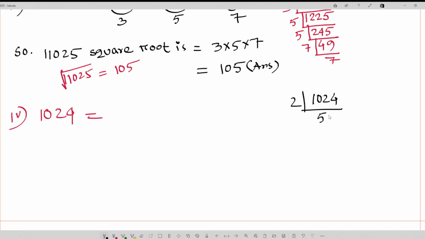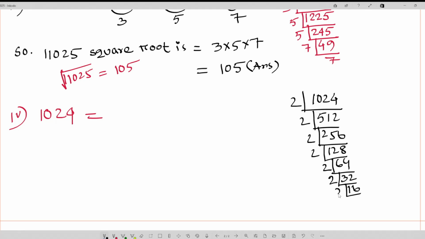This becomes 512, then divided by 2 is 256, then 128, then 64, then 32, then 16, then 8, right? Then 4, then 2.